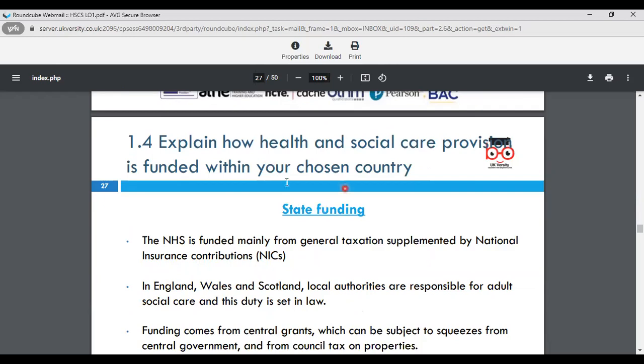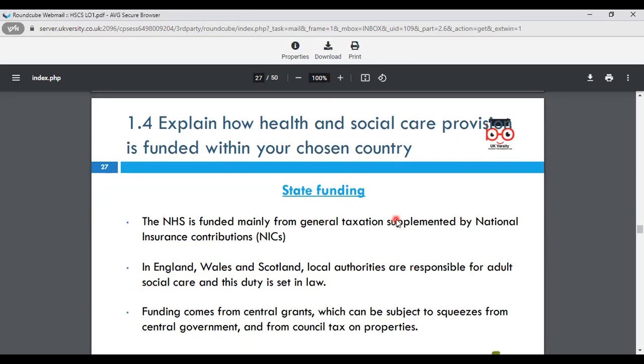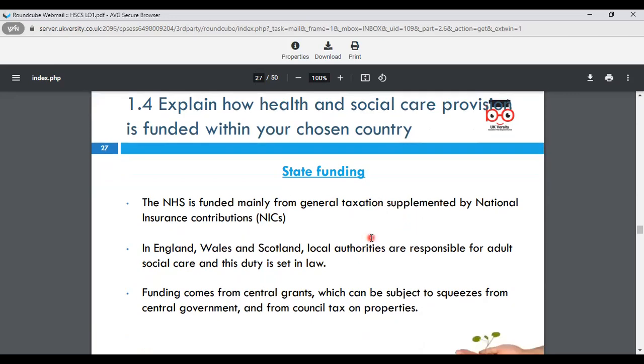So then we go on to explain how health and social care provision is funded within your chosen country. So there's state funding. The NHS is funded mainly by general taxation, which is supplemented by national insurance contributions. We all know that, NICs. In England, Wales and Scotland, local authorities are responsible for adult social care, and this duty is set in law.